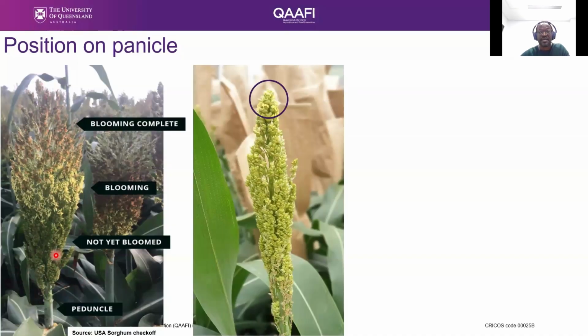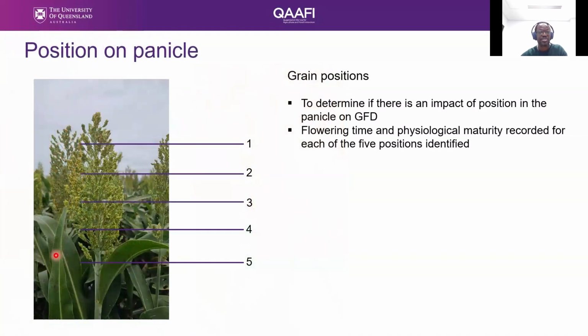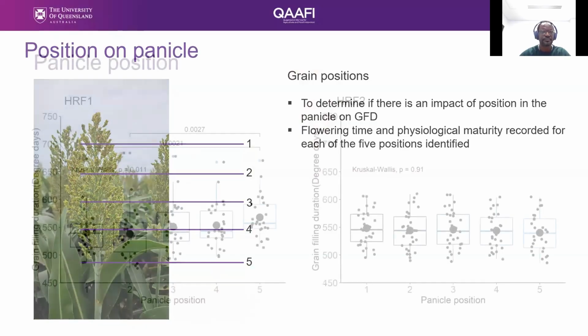Again, at the end of grain filling duration, we also measured physiological maturity at those respective positions of the panicle. So we ended up with 5 panicle positions, and at each of these positions, we measured both flowering time and grain filling duration, just to understand if that variation is across the panicle or within the panicle.